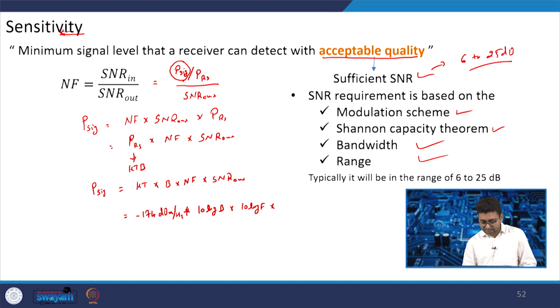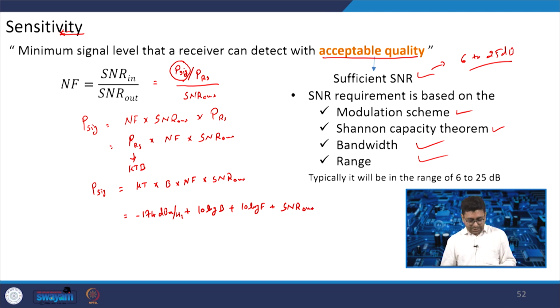So this is addition because we have converted into the dB. So I will rewrite the same. This is positive SNR out.